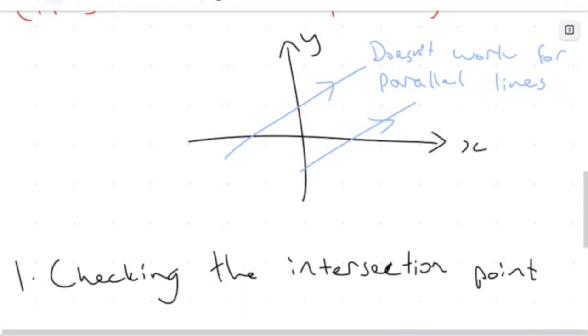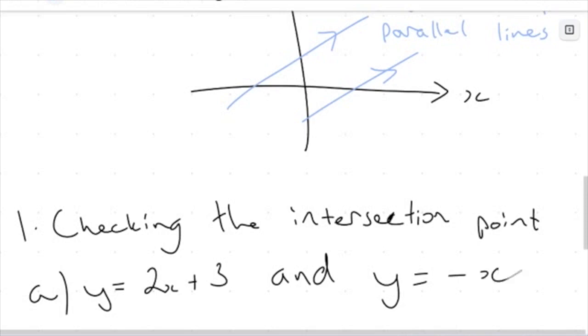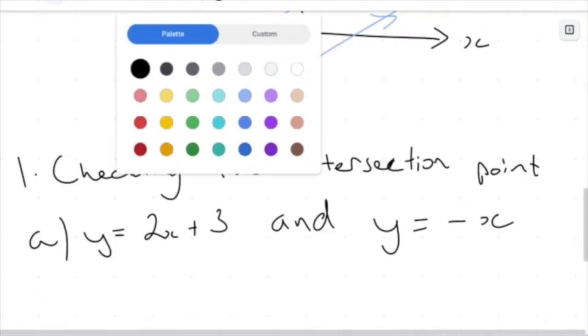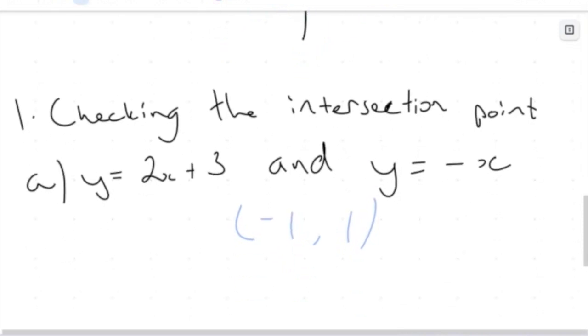What we're doing here is we are going to be given two equations: y equals 2x plus 3 and y equals minus x. We're going to check this with the point (-1, 1). We want to check if this point here is an intersection point. So is it going to lie on both lines where they meet? And how are we going to check that?